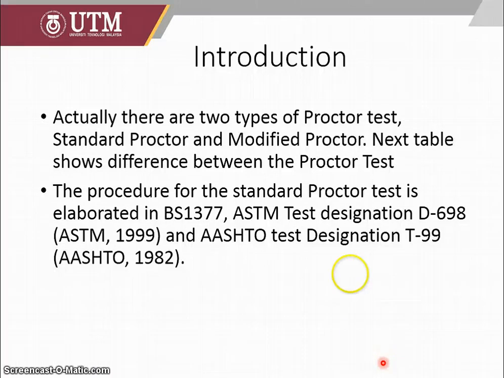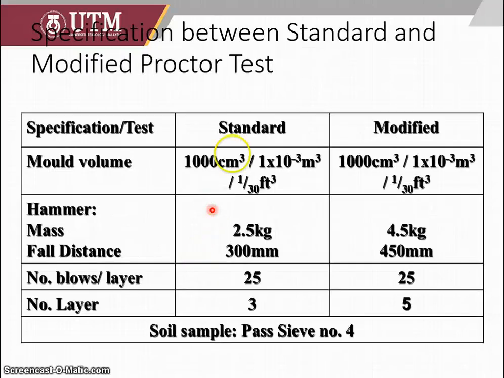For laboratory purposes, we have standard Proctor and also modified Proctor. For your course, we cover the standard Proctor and we follow the British Standard BS 1377. I hope you still remember the mold volume of the standard Proctor is equivalent to 1000 cubic centimeters, and it has a hammer which we want to have a free fall.